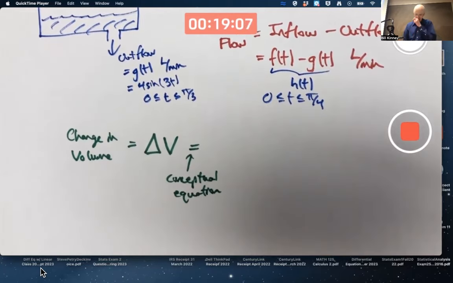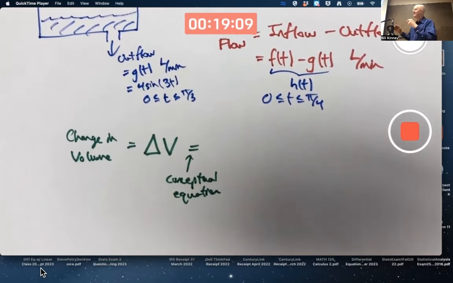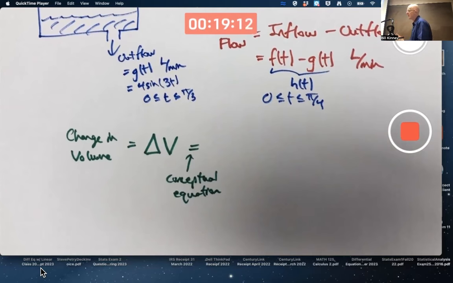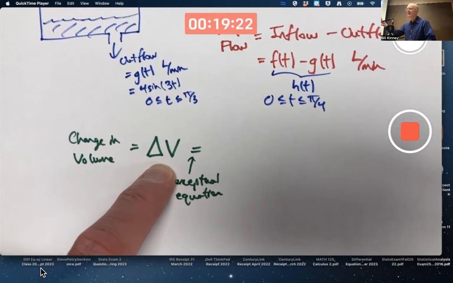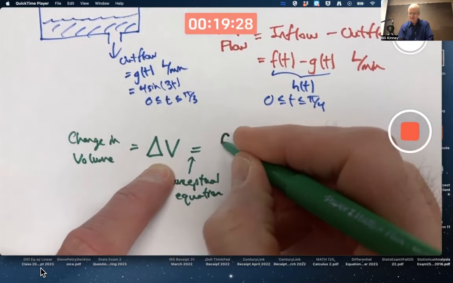What's a conceptual equation? It's more of an idea than a literal equality. To find the total change in volume, add up the little changes. Make sense? Where adding is denoted by not a summation sign, but an integral sign.